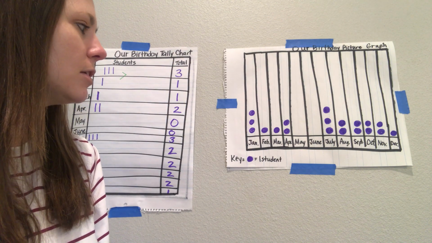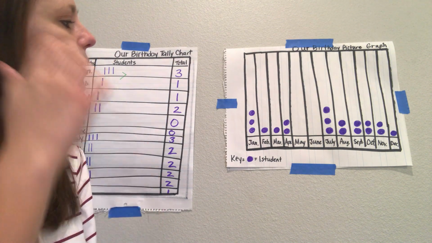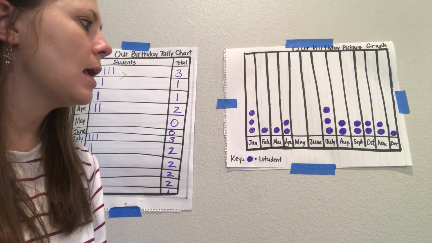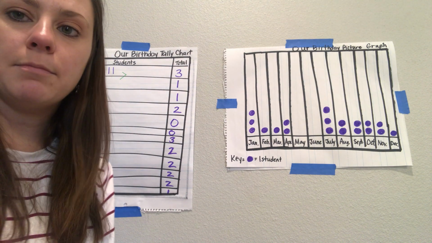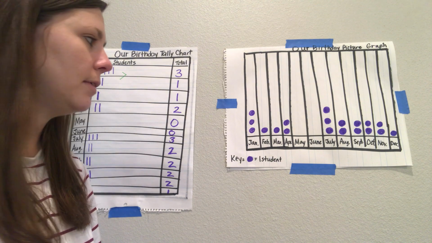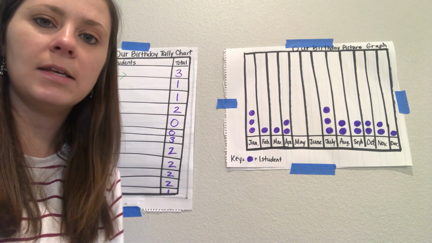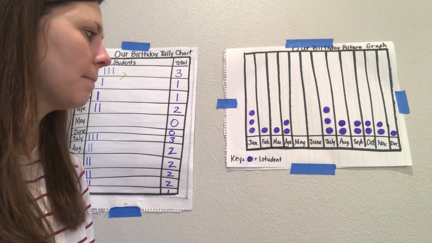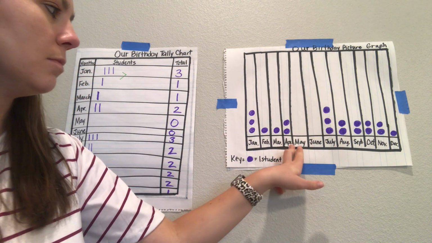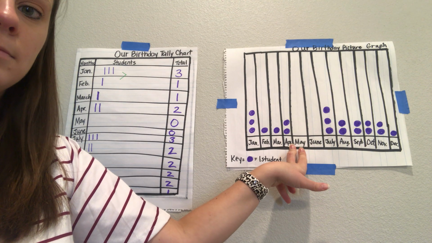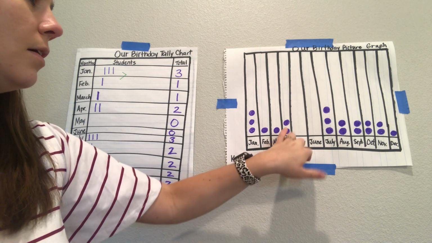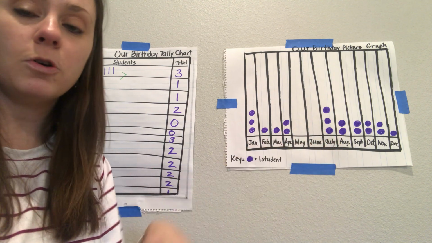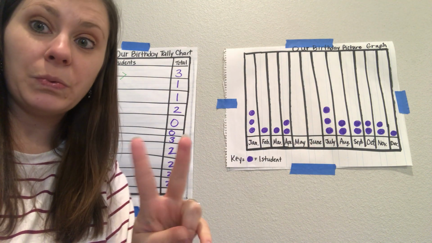All right, next question. How many total students had birthdays in April and May? So here's April and here's May. 2 plus 0 equals 2.